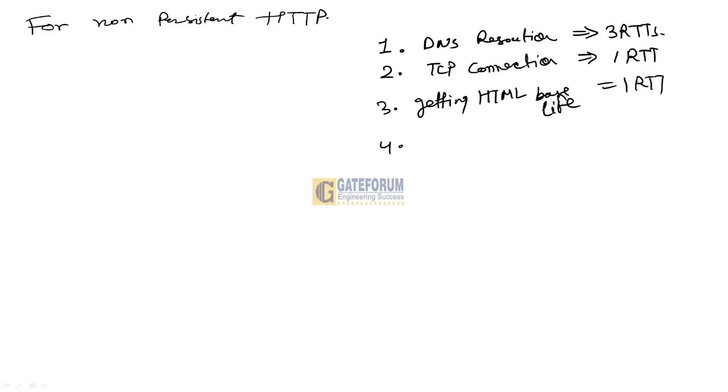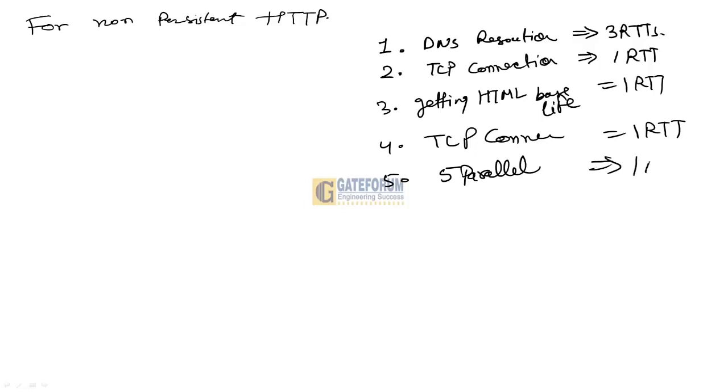After doing that, we need to establish a TCP connection again, which requires 1 RTT. Okay, after that, getting 5 objects parallelly, because we are doing 5 parallel connections, requires 1 RTT.